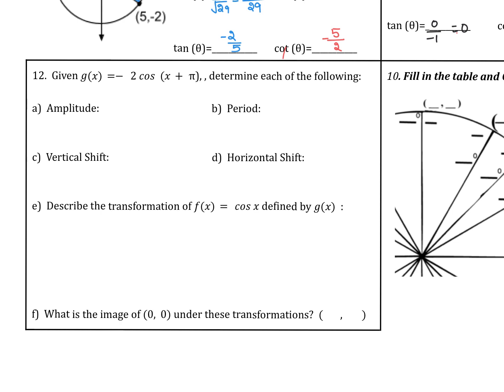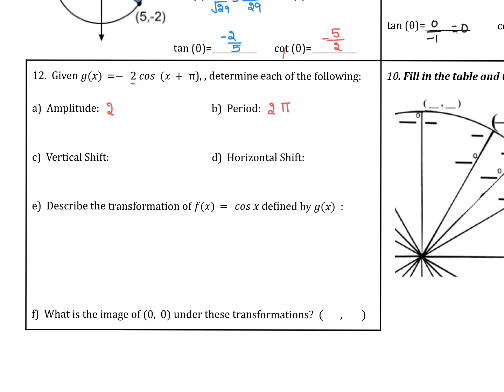Question number 12, you're going to give the specifics for this question: negative 2 cosine of x plus pi. Amplitude is the number in the front, and it should always be positive because it's the height of the graph. There is no b in front of this angle, so b is just 1. It means the period is still 2 pi.